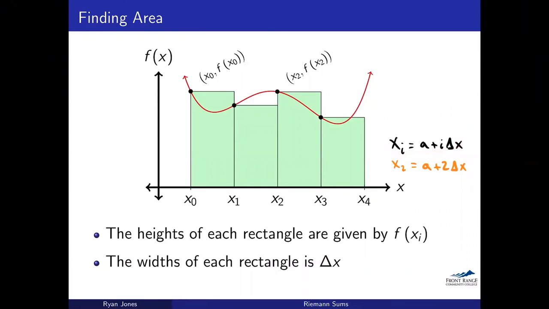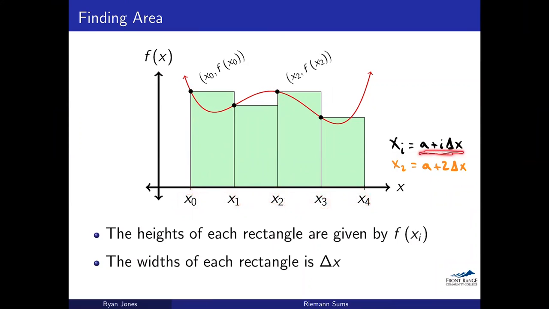At this point, as I've said multiple times, the width of each of these rectangles is delta X. We have a delta X over and over and over again. That's good. And then the height of each of these is just given by F of X0, X1, X2, X3, and then you'll notice we don't worry about X4. So F of Xi is our height for each of these, depending on whatever X sub I is.